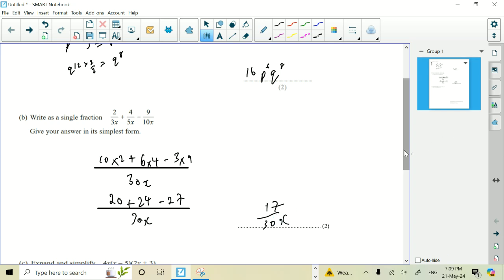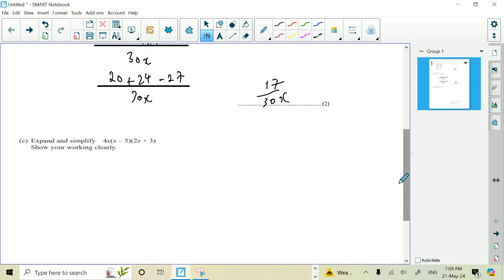And finally, expand and simplify 4x(x minus 5)(2x plus 3). First thing to do is multiply out the brackets. So I've got x times 2x, that gives me 2x squared.